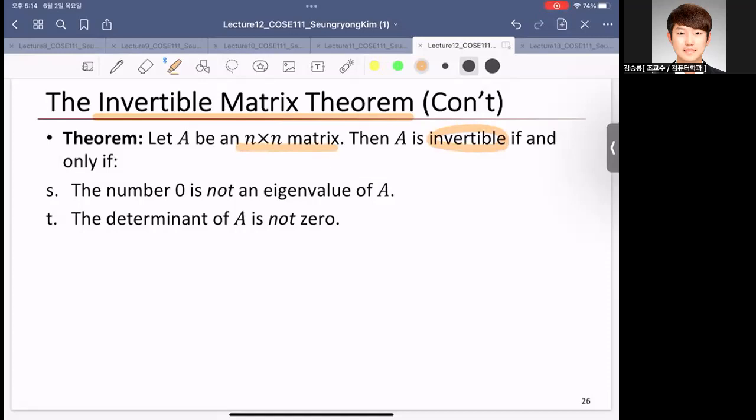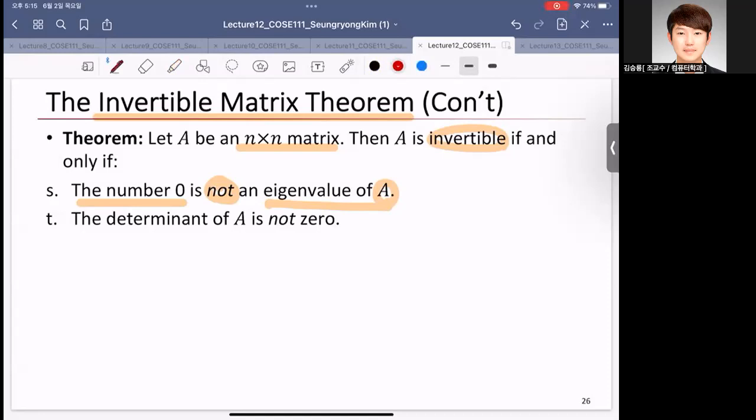By using the eigenvalue concept, we can extend the IMT, the invertible matrix theorem, further. Here are two more things. First, the number 0 is not an eigenvalue of matrix A if and only if matrix A is invertible. This is one more statement.